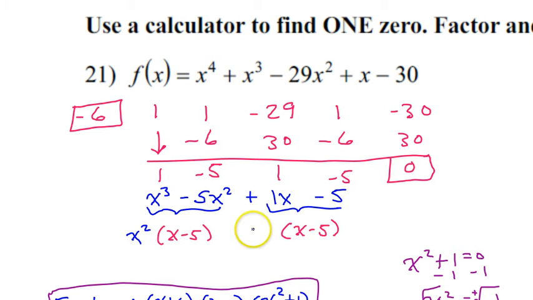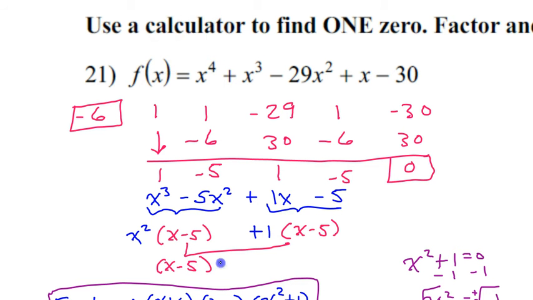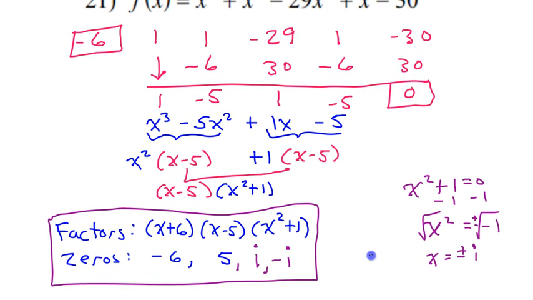I'm going to go ahead and just put plus 1, because 1 times x minus 5 will just give you x minus 5. Now the x minus 5 is itself a GCF. So I could pull the GCF of x minus 5 out front, and that would leave behind x squared plus 1. And that's the same thing we got the other way.